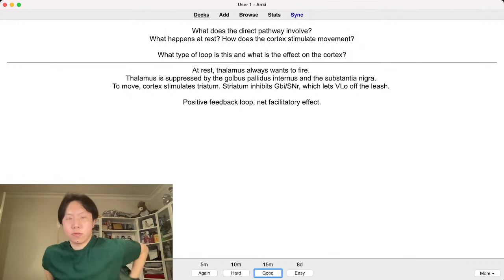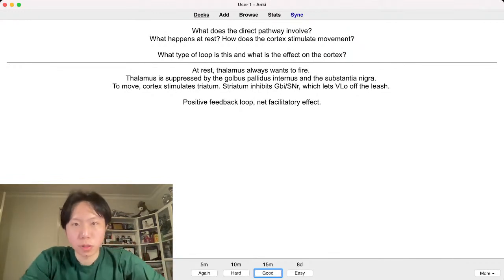At rest the thalamus wants to fire. The thalamus is suppressed by the globus pallidus internus. Direct pathway.